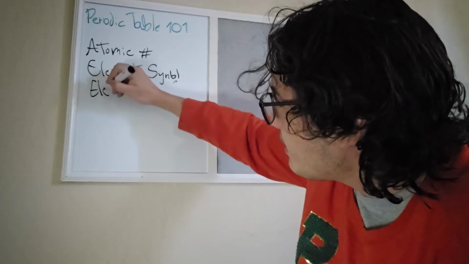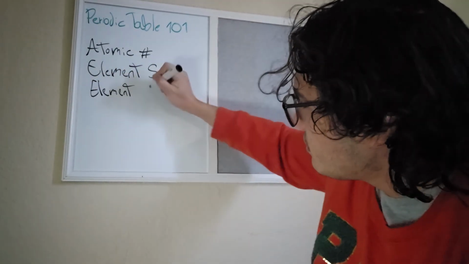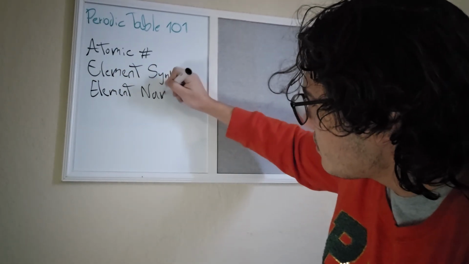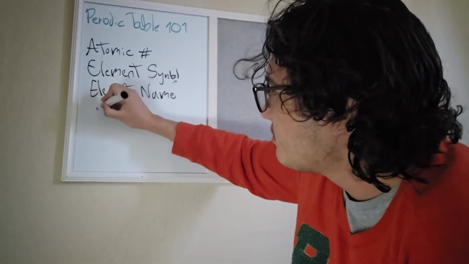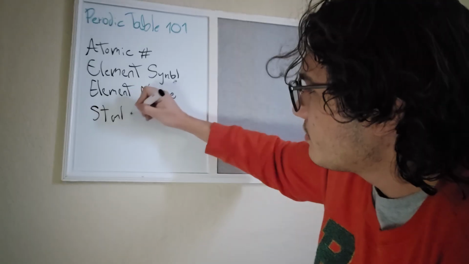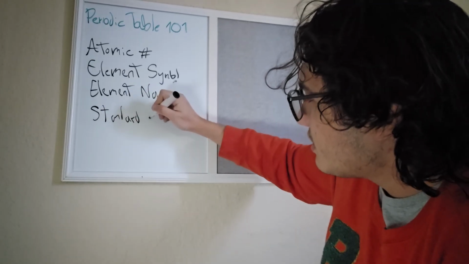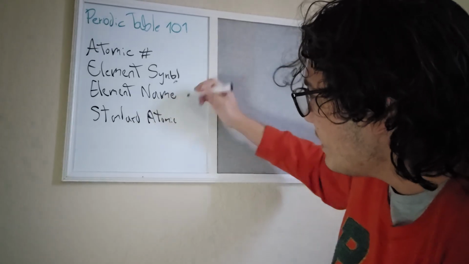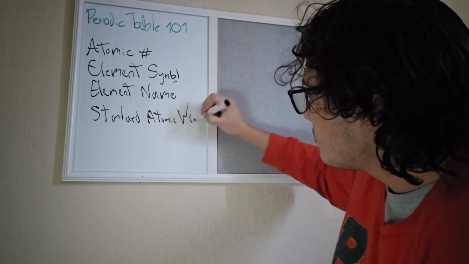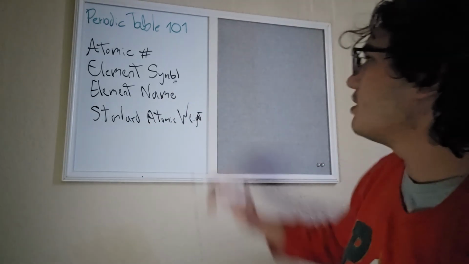Anyway, element name, and standard atomic weight. Okay. So let's discuss what each of these means exactly. Atomic number.